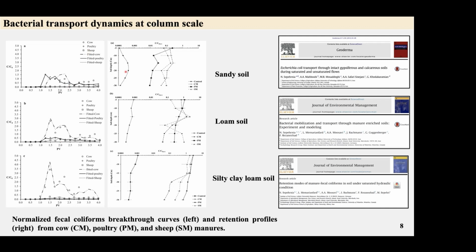And when manure is applied into the soil, we see how bacteria concentration is increased. This is the control, for instance, and this is the retention profile of bacteria in the soil for sandy soil. And then we compare different textures, and we see that, for instance, silty clay loam could retain a greater concentration of bacteria in comparison to sandy soil, which is logical.